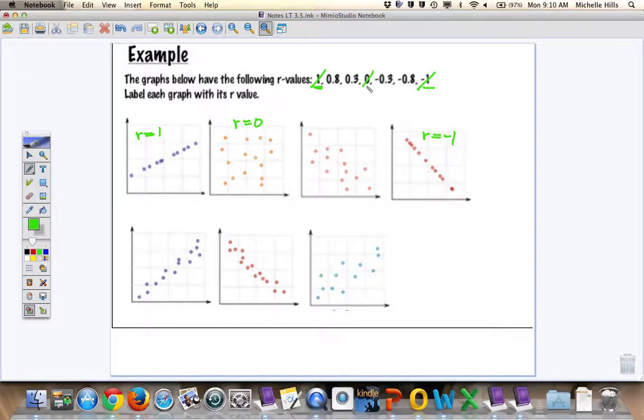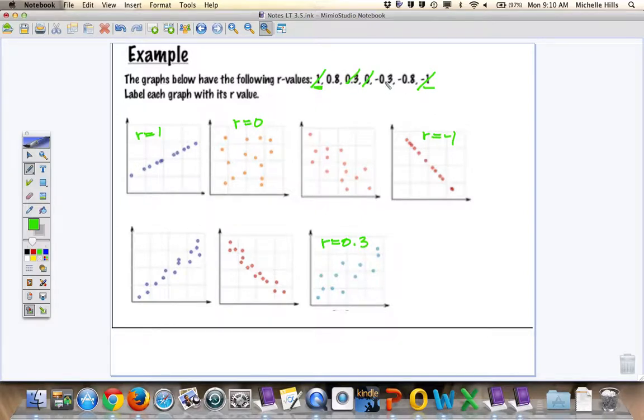The only difference, again, between 0.3 and negative 0.3 is these points would be increasing, these would be decreasing. So, 0.3, fairly scattered, but a positive slope for the line of fit, so R equals 0.3.